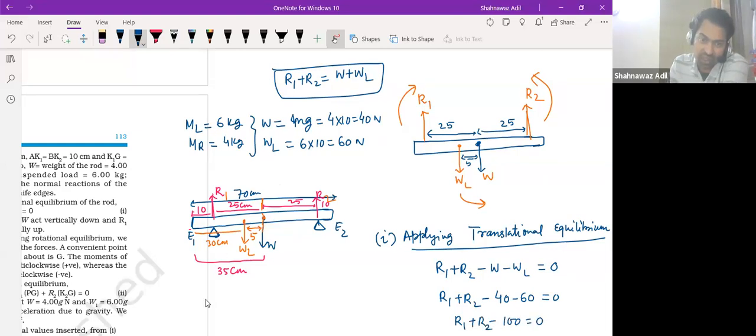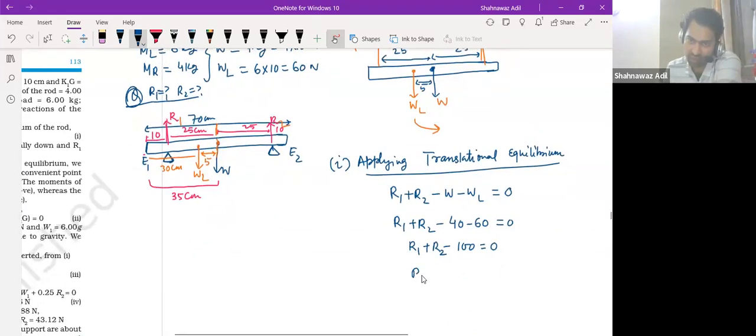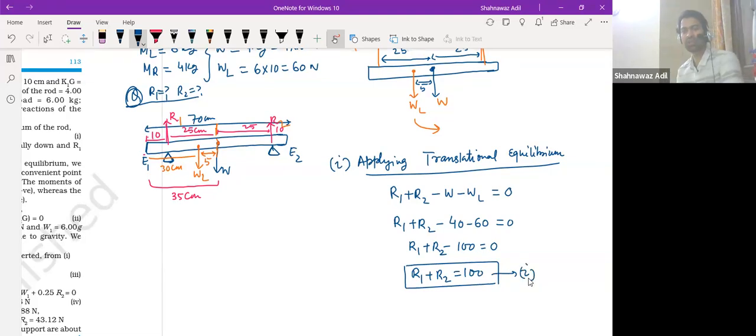The question is that we have to find out R1 and R2, these are the two things we have to find. This equation is R1 plus R2 equals 100. So this is the first equation, a linear equation. Now we have got one equation.